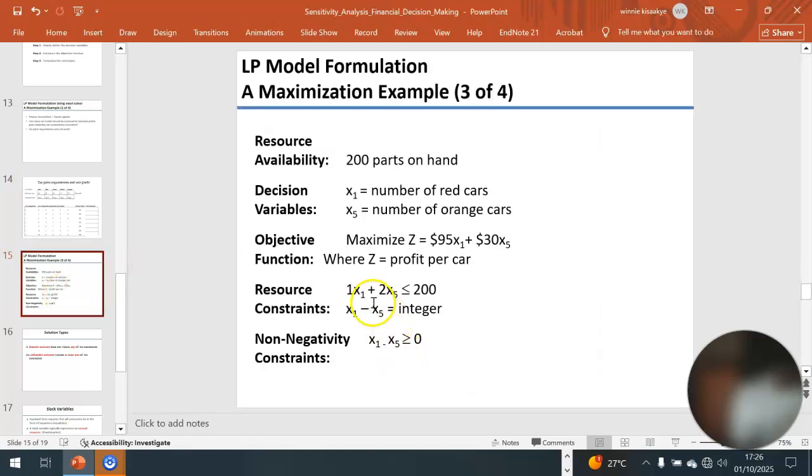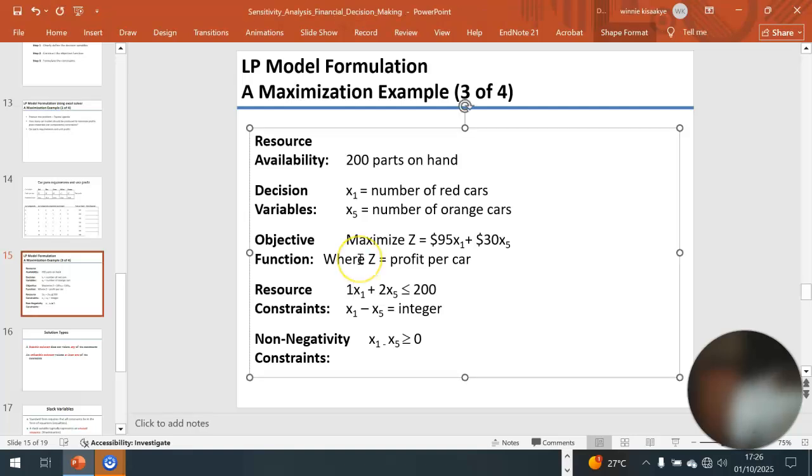That's what they mean here, that x1 times its levels of production times its car components plus x5 times its car components should be less than or equal to 200.